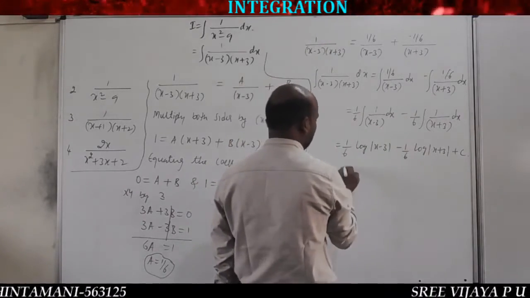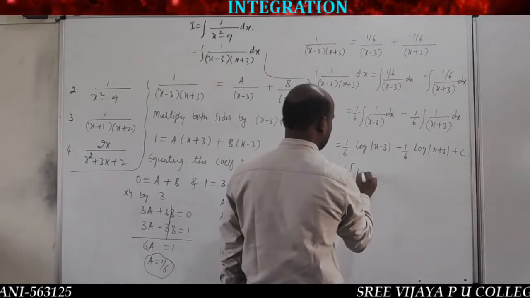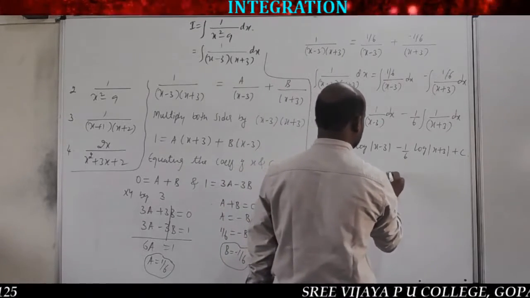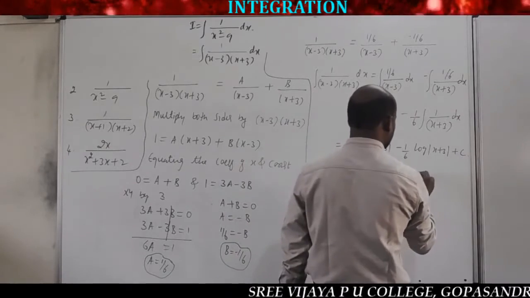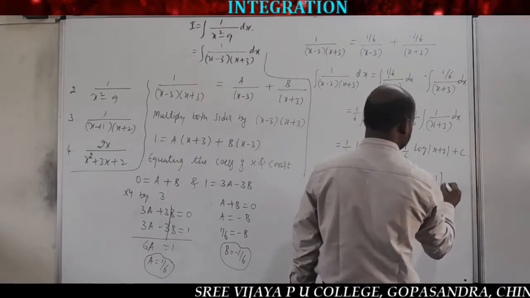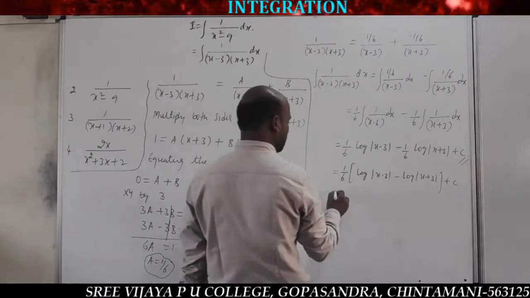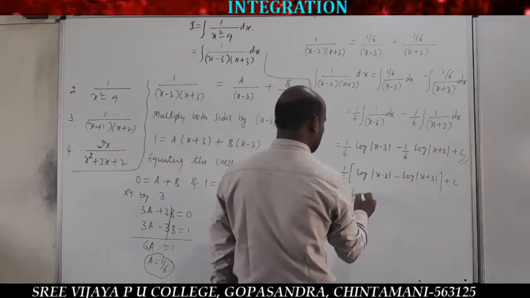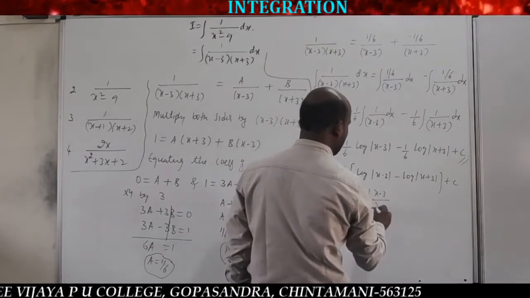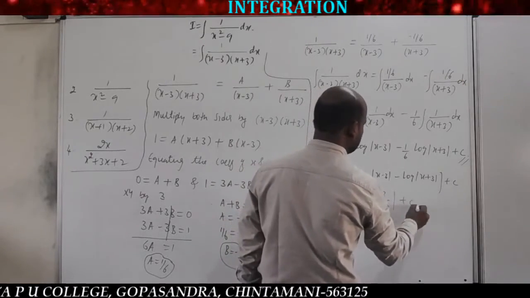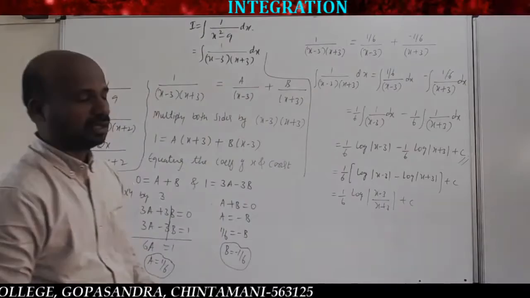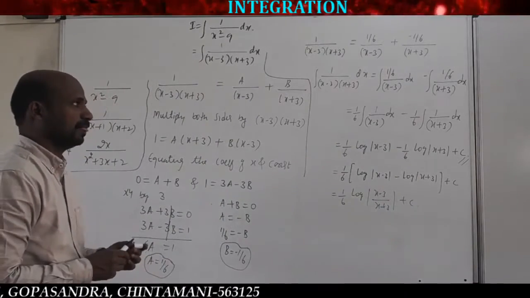I think this is enough. Or you can take 1 by 6 common: log modulus of x minus 3 minus log modulus of x plus 3 plus c. Or 1 by 6 log modulus of x minus 3 by x plus 3 plus c, since log m minus log n is log m by n.